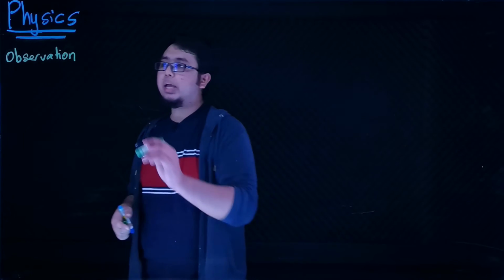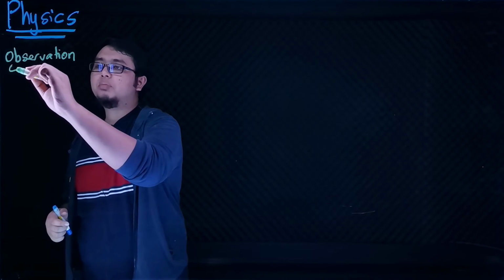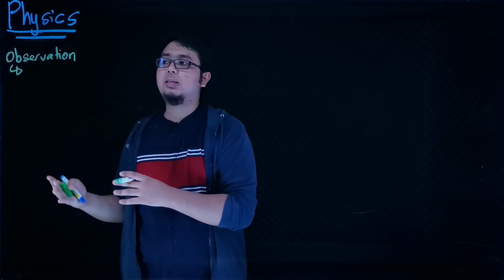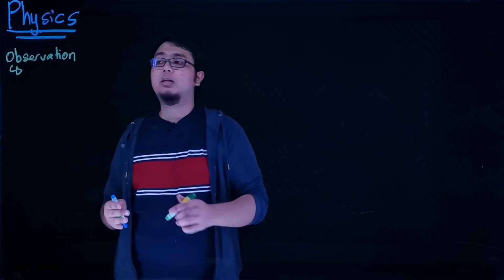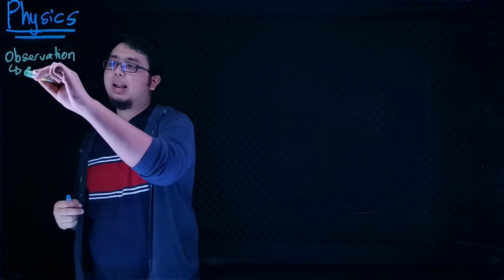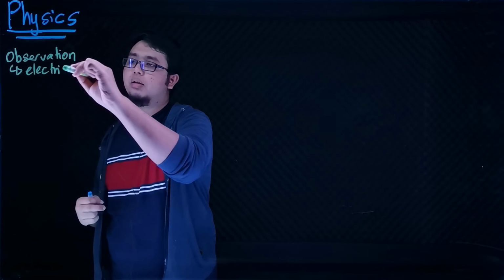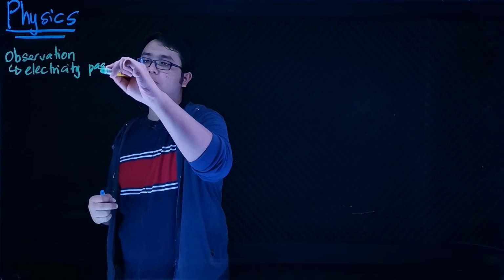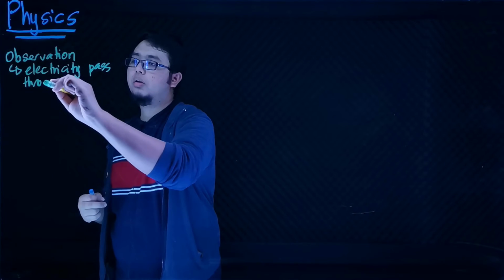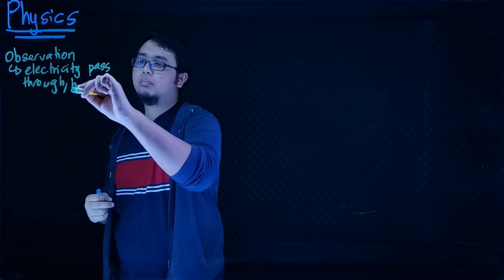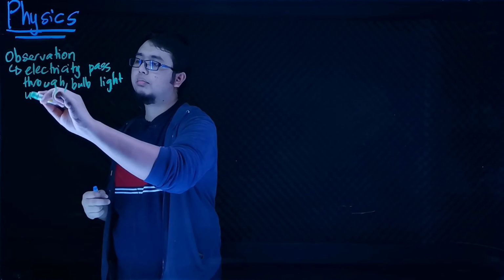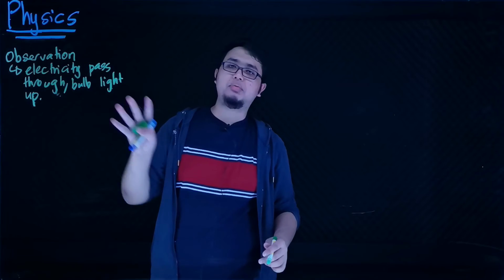Usually for an observation, we observe something that is happening and we try to prove it or make sense of it. So in an observation, let's say we saw electricity passing through a circuit. So our observation is electricity passes through and the bulb lights up. So this is the observation.